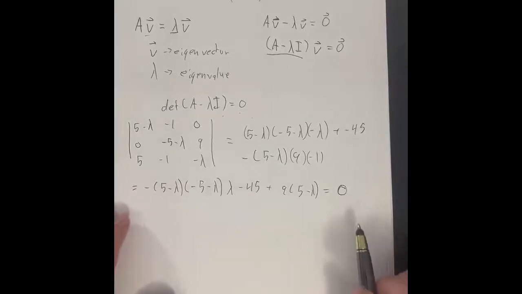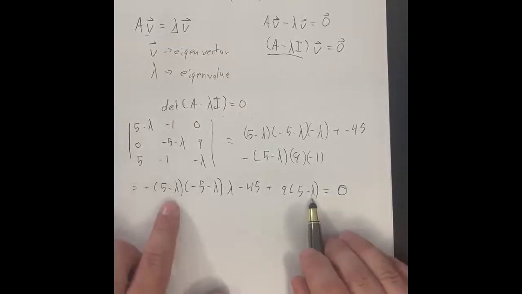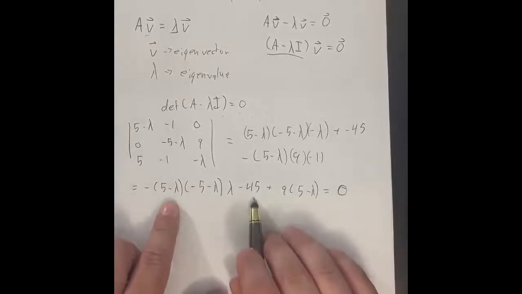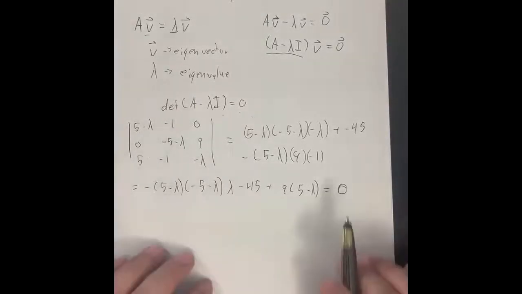At first, I want to try and factor out this 5 minus lambda because we have a 5 minus lambda here. But this term here, this 45, doesn't have a 5 minus lambda. So let's try and distribute these things out and see what we get.